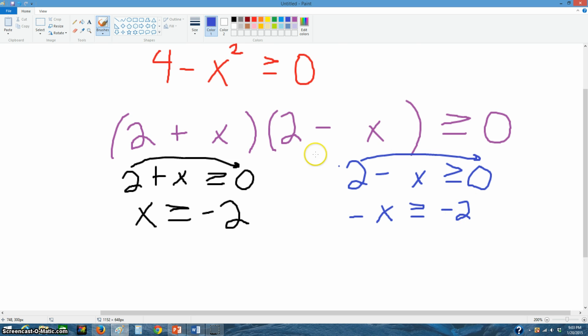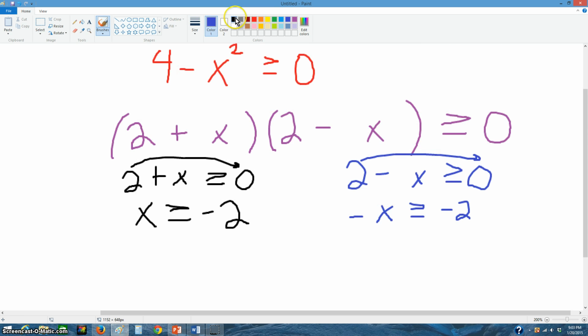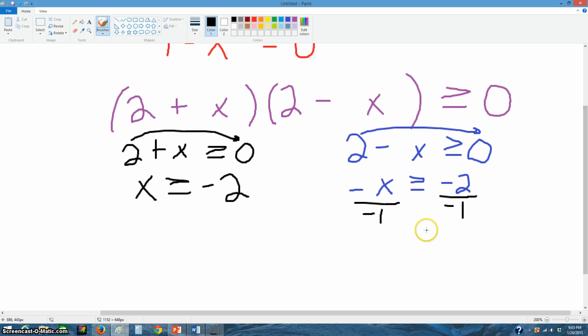But remember, I'm looking for x. So basically, I have to divide by negative 1. Now let's go back to Algebra 1 and inequalities, which you should have learned. Whenever you divide by a negative value, what do you do with the inequality? You have to flip it. So this becomes x is less than or equal to positive 2.